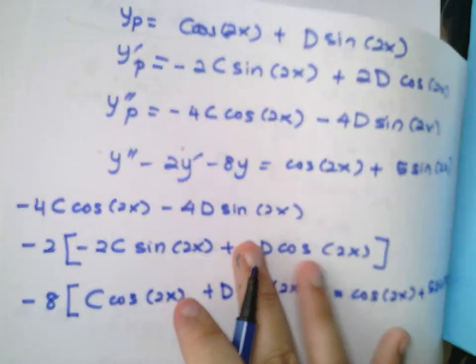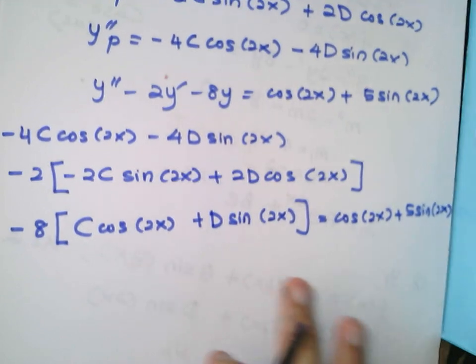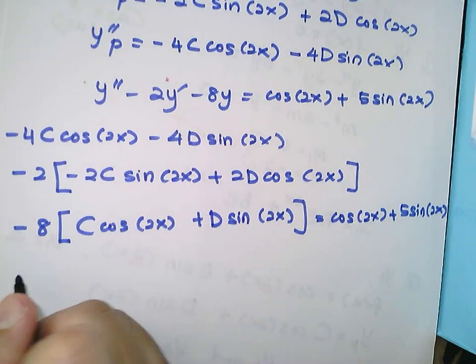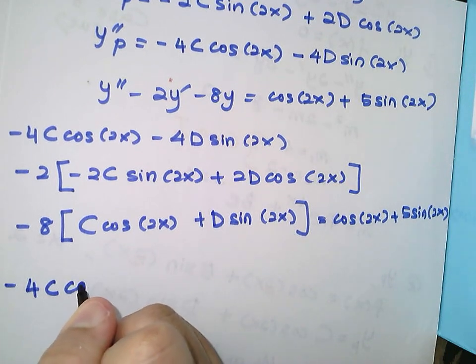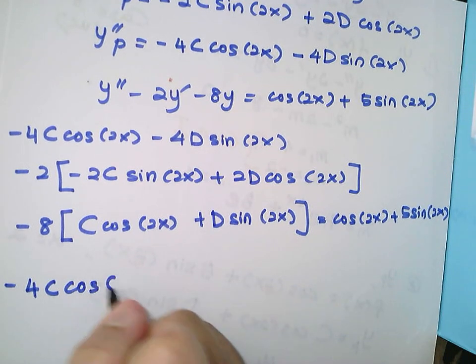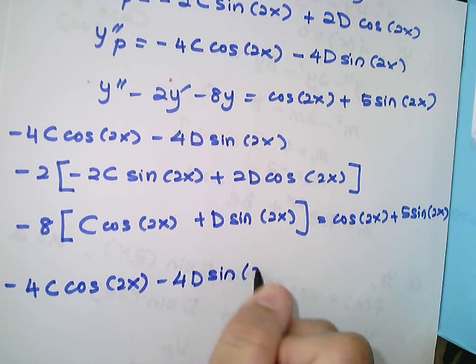So expand and simplify what you have on your left hand side. So you will have negative 4c cos 2x minus 4d sine 2x.